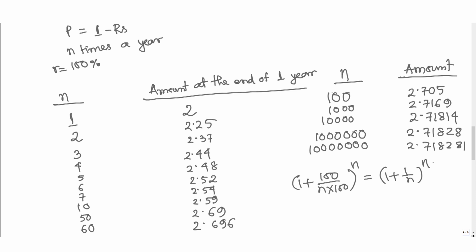So when a principal amount of 1 rupee is compounded n times in a year, we have 1 plus 1 by n to the power of n. It increases, but certainly we see that it is bounded.